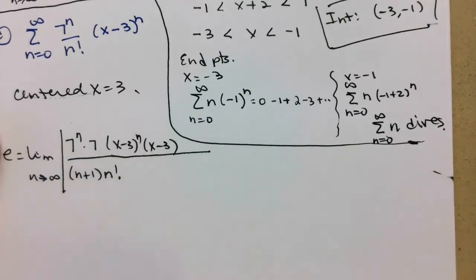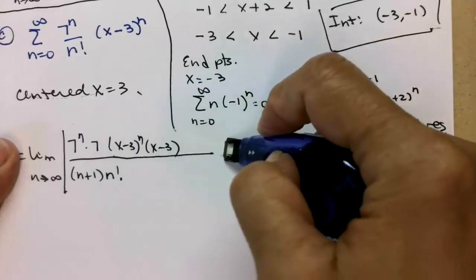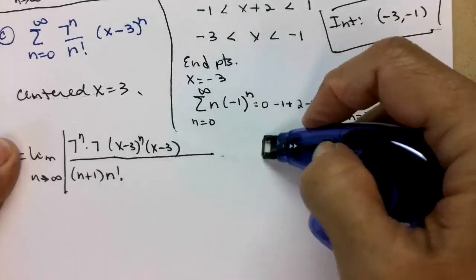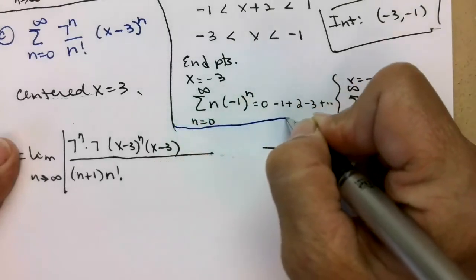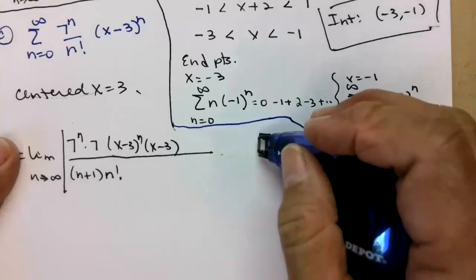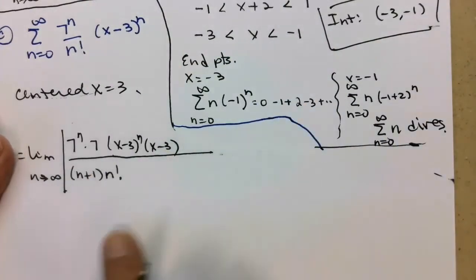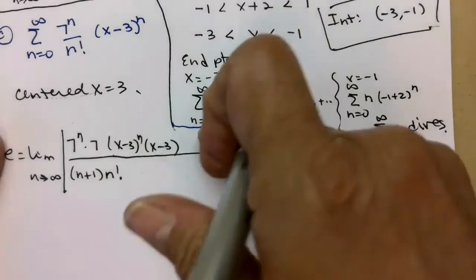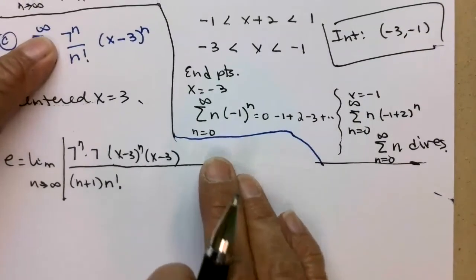Okay, I'm going to grab my white out so that I don't have to move that. There we go. Gotta love the white out. So there's my a sub n plus 1. Now, a sub n, remember I start on the bottom and then go to the top because I'm flipping it. So this is just my a sub n.